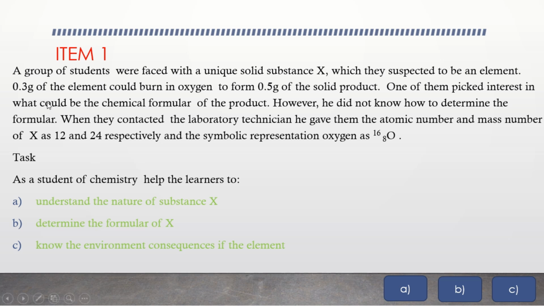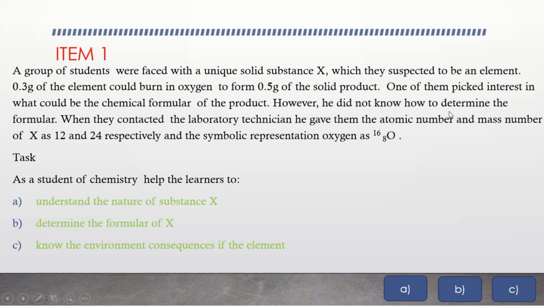We are reading for the first time. Let's read together. A group of students were faced with a unique solid substance X, which they suspected to be an element. 0.3 grams of the element could burn in oxygen to form 0.5 grams of the solid product. One of them picked interest in what could be the chemical formula of the product.